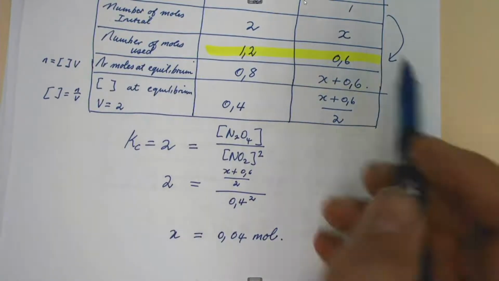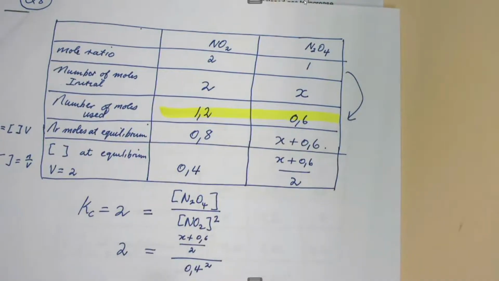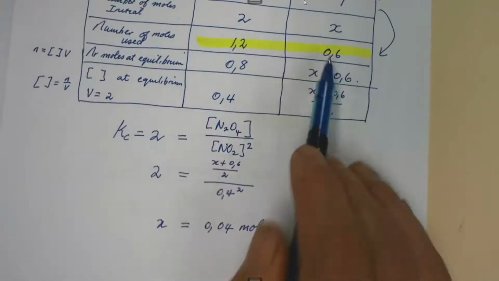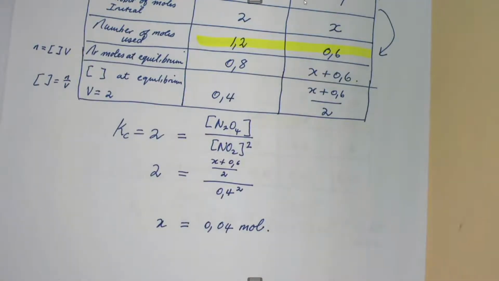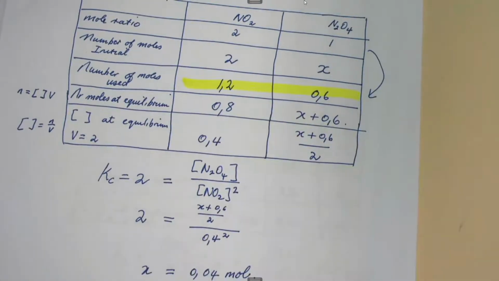Right, so that is the number of moles that I started with, 0.04, and then another 0.6 was produced from my initial number of moles of NO2. Okay, so that was a slightly more difficult question where I give you the Kc value and I want you to work out one of the values in my table.